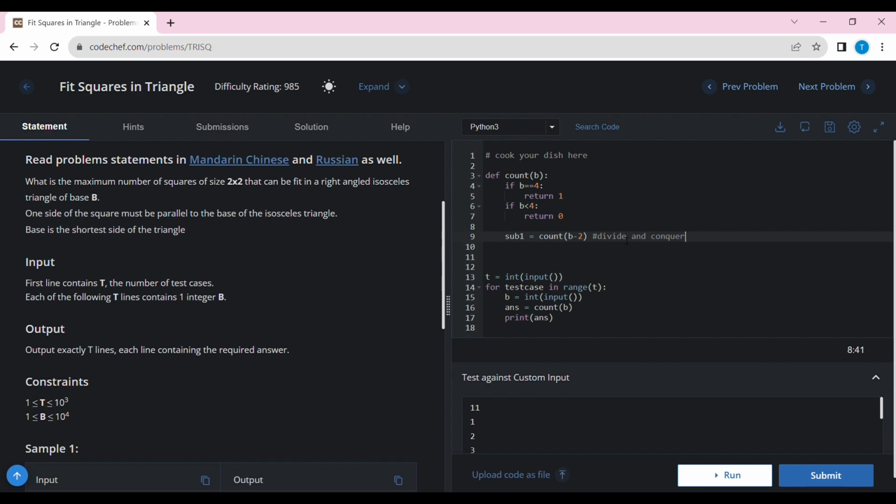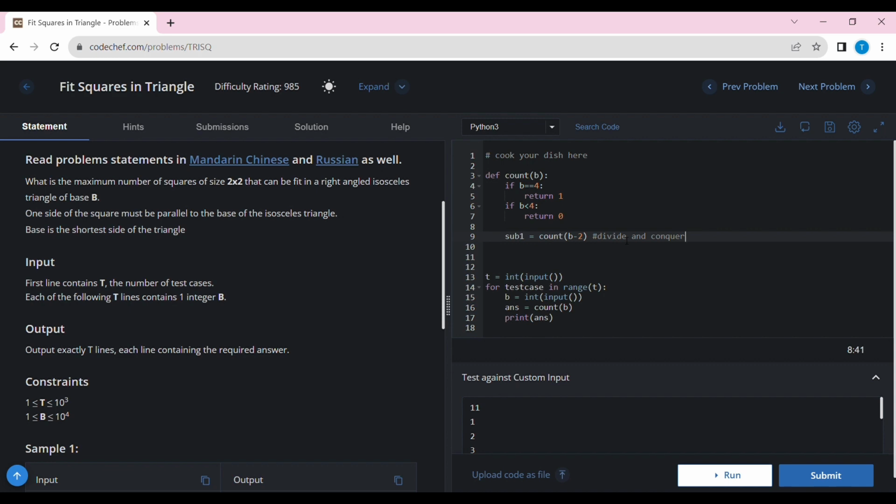All I'm doing is making the count function call on this subproblem b minus 2, and I'm just hoping or assuming that the answer that I get back is going to be exactly the correct answer. And that's what the subproblem assumption technique is. For any subproblem, you just assume that if you make this function call, you'll get the correct answer.